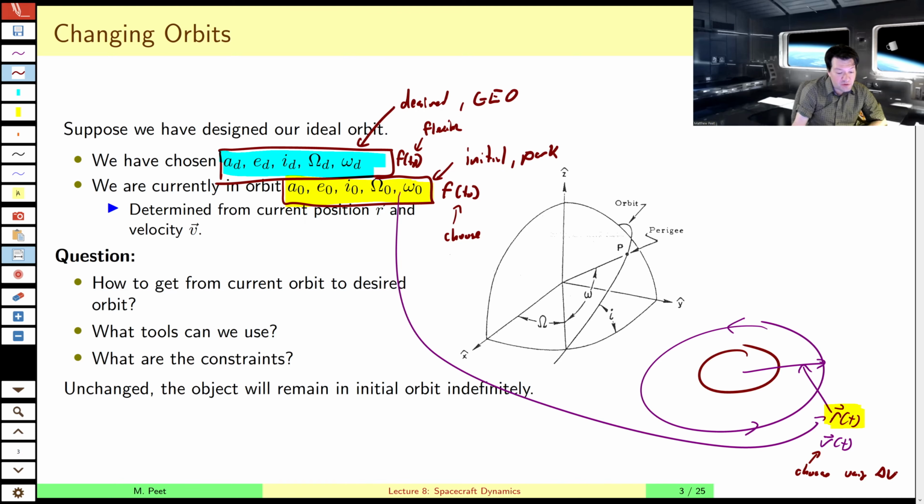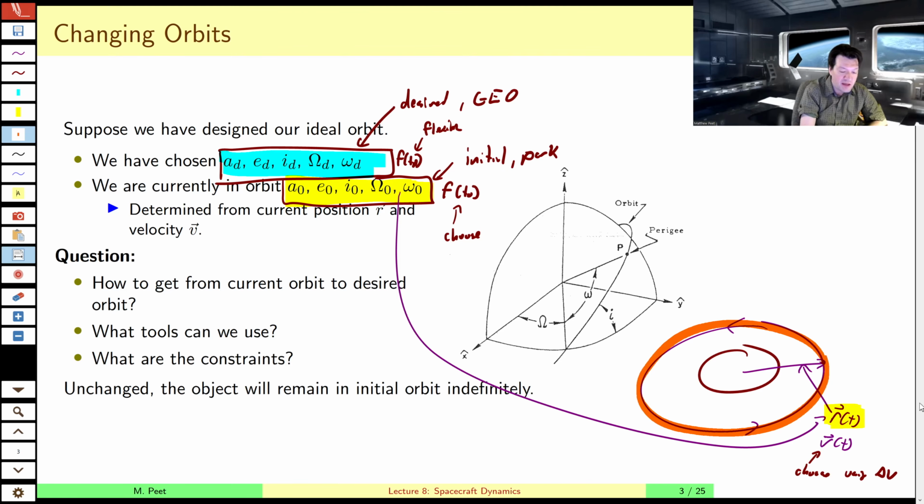If we don't do anything, of course, if we just watch, we'll continue on this orbit forever. There'll be no change, and we'll never get to where we've decided to go. So there's no way we can avoid using delta V to get from one orbit to another.